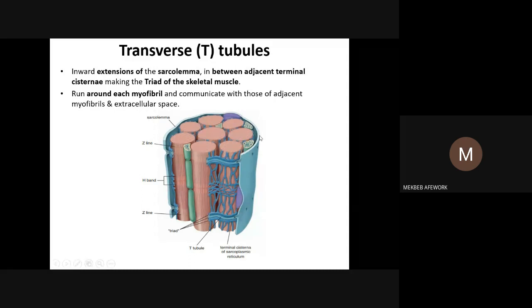So when an impulse is generated by innervation, the impulse comes along the plasmalemma, through the transverse tubule, to the vicinity of where calcium ions are stored. And then this propagates and makes the calcium ions be released in the vicinity of myofibrils for contraction.